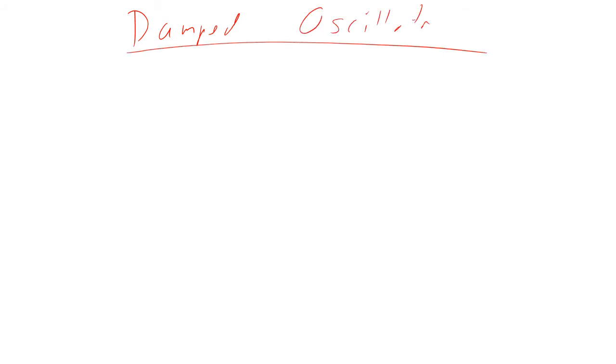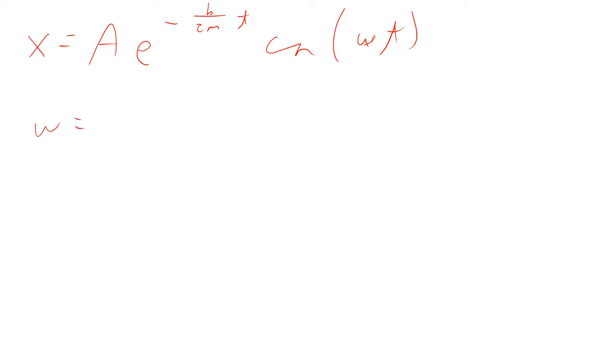And we call this the damped oscillator. Now notice, what we've got here is that x is some amplitude times e to the minus b over 2m t times cosine omega t, and omega is the square root of k over m minus b over 2m squared.